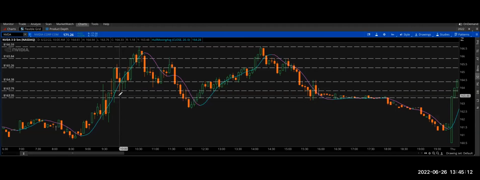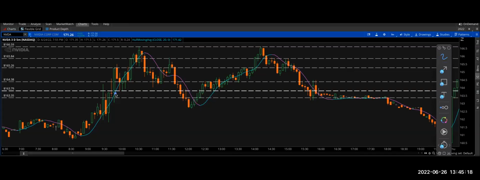So looking at this chart right now from 9:30 right here, here's your moving average. If the stock, for the most part, is above this moving average, you stay in the trade.